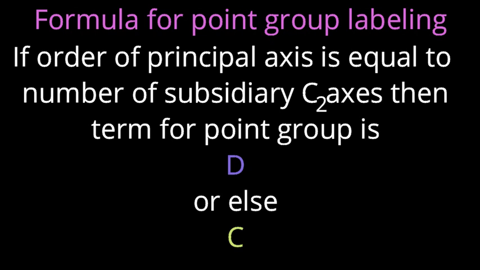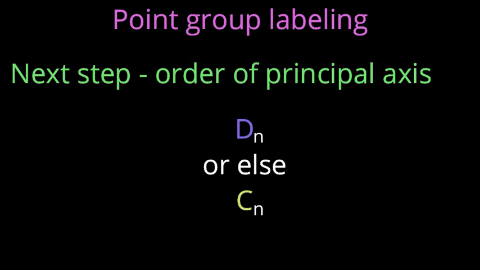After the C or D categorization, we need to represent order of the principal axis. Just now I said, what was the order of the principal axis? N. So capital C or capital D that we have sought out from the operations possible, followed by as a suffix we need to write order of the principal axis N.